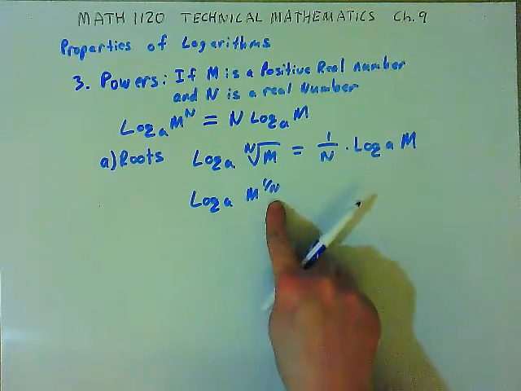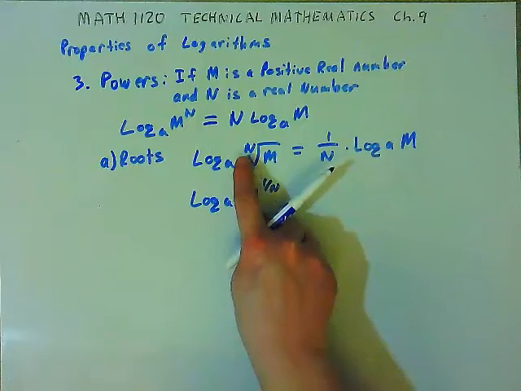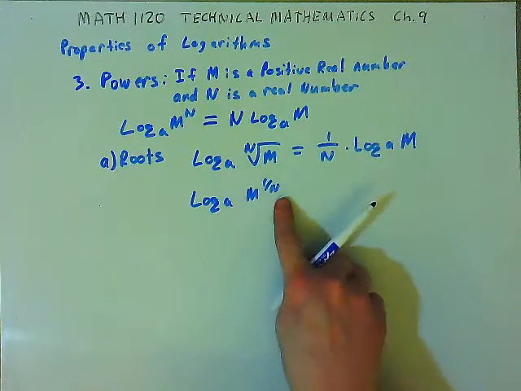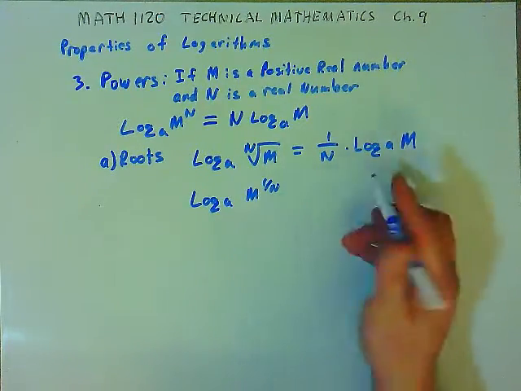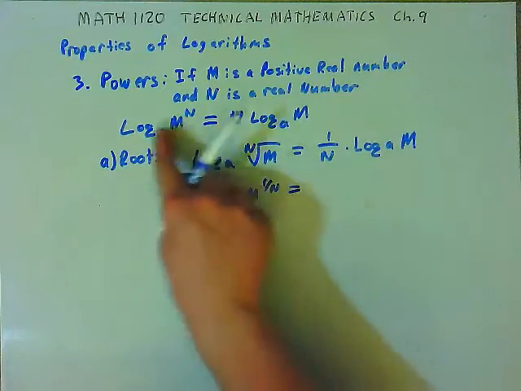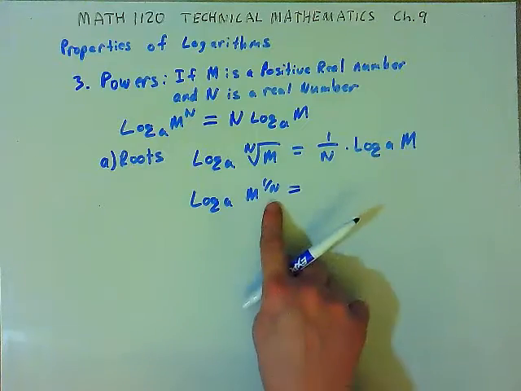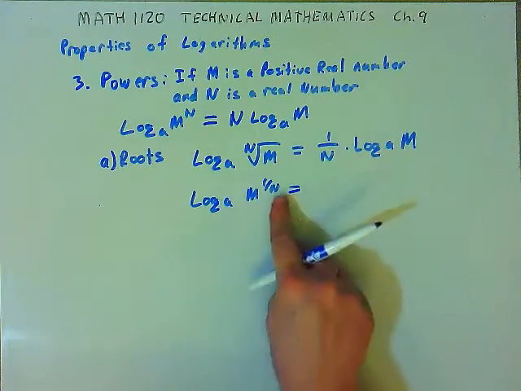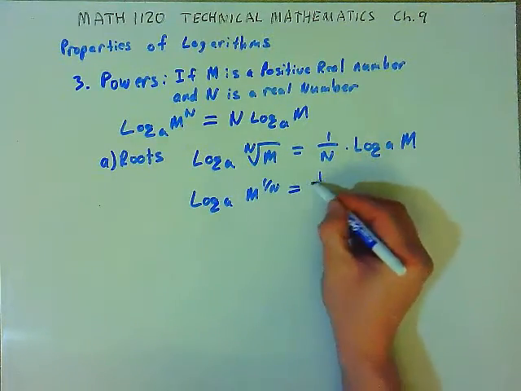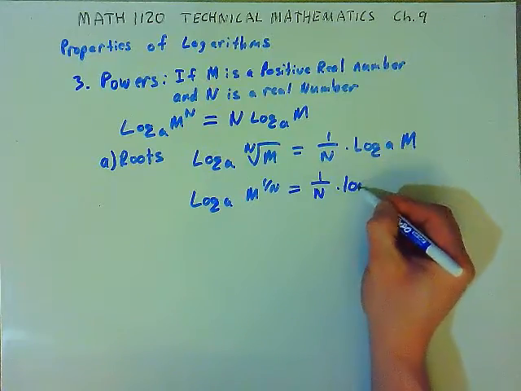And so anytime we take a root, whatever the index of that root is the denominator of the exponent. And so the rule says that whatever the exponent is, we can bring out as a multiplier. And so here the exponent is 1 over n. We can bring that out as a multiplier, and that will give us 1 over n times the log base a of m.